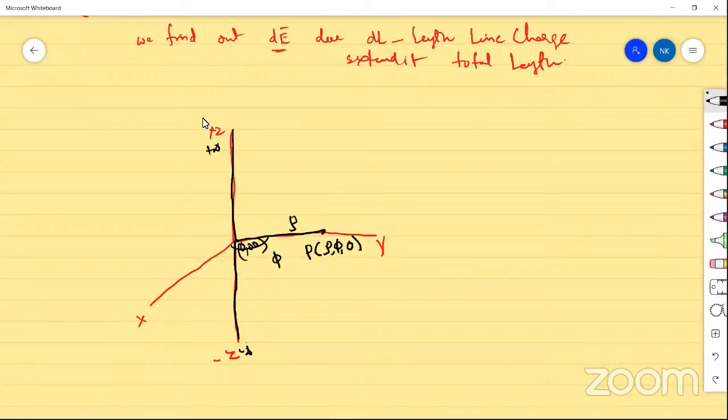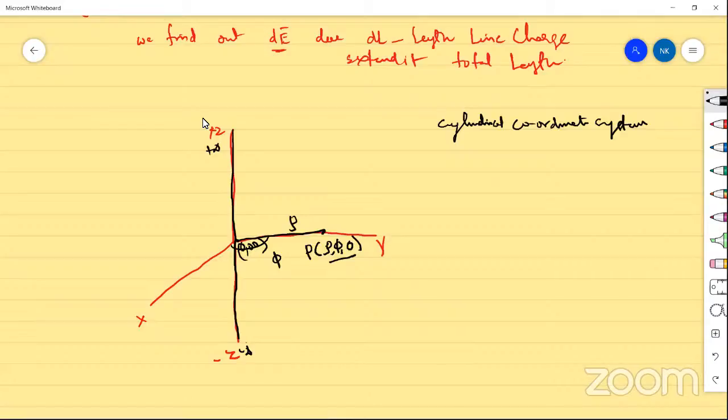So why are you considering these coordinates? I am considering cylindrical coordinate system. Why am I considering that? Because when you consider this, the electric field distributions will be cylindrical in nature.